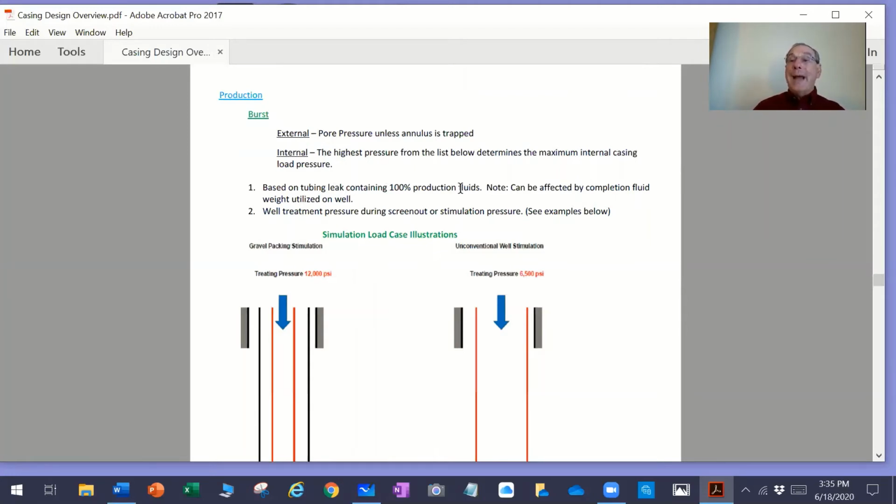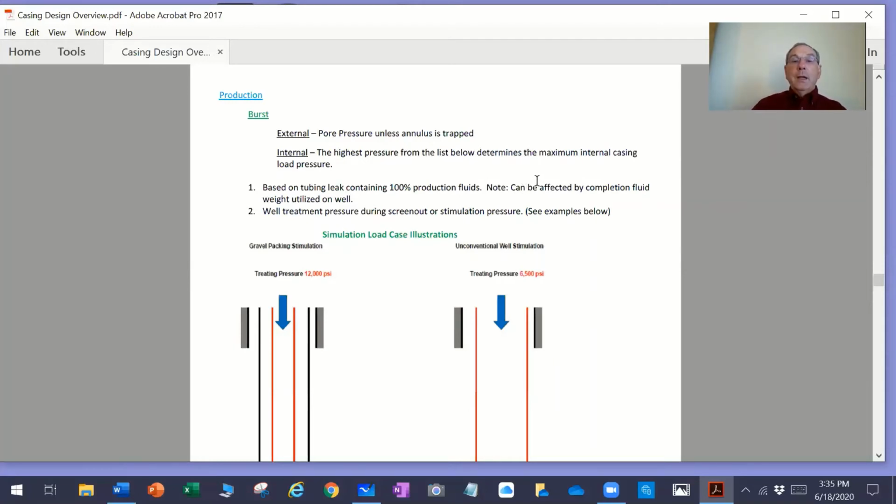It's going to be entirely full of production fluid. So when we're talking about a production load case, it is 100% production fluids in the wellbore. And it can also be affected by completion fluid weight utilized on the well. And I'm going to show an example of that in the exercise.